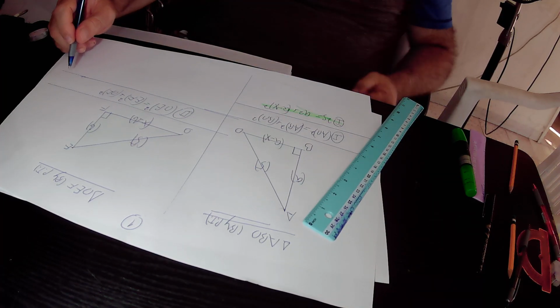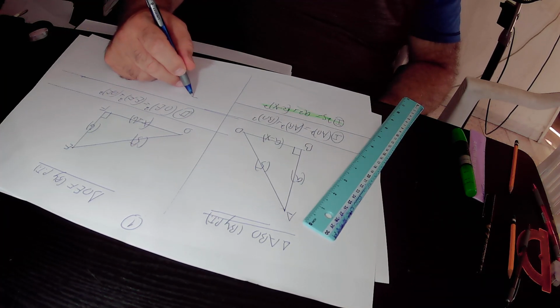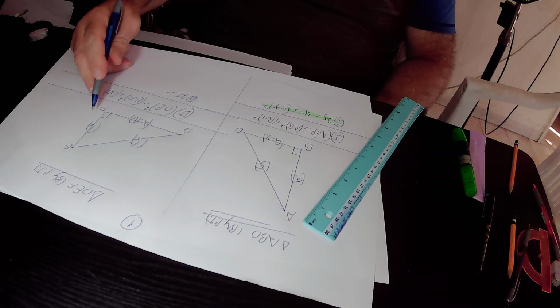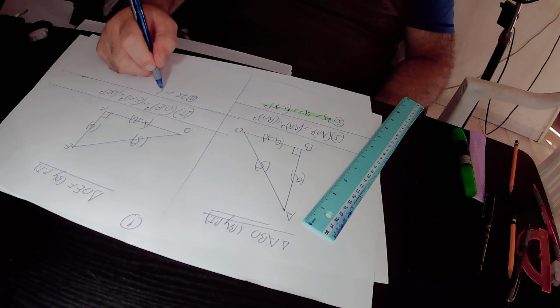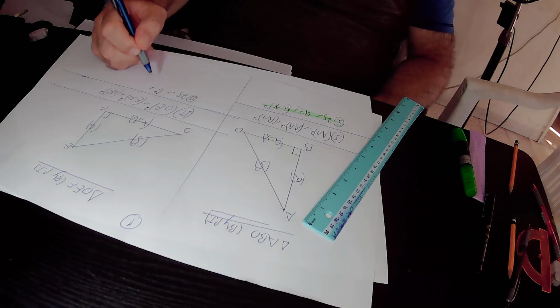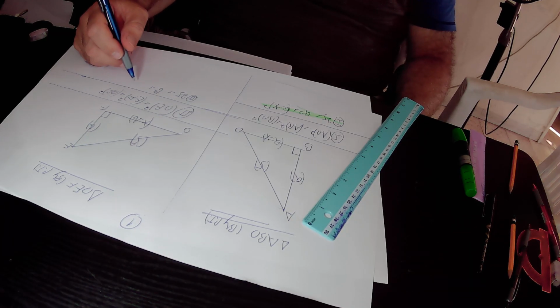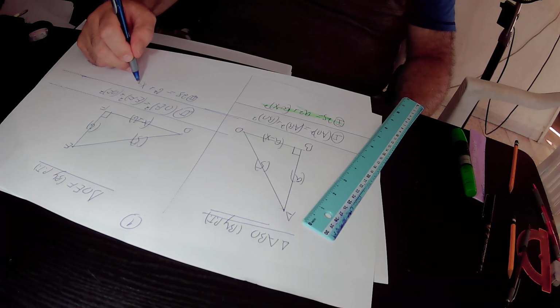OE is 5, therefore OE squared is 5 squared, that is 25. And it equals EF squared. EF is B, therefore EF squared is B squared plus OF squared. OF equals X plus B, therefore OF squared equals (X plus B) squared.